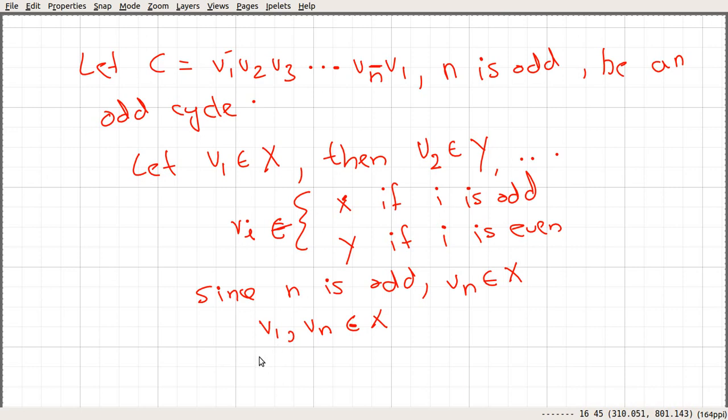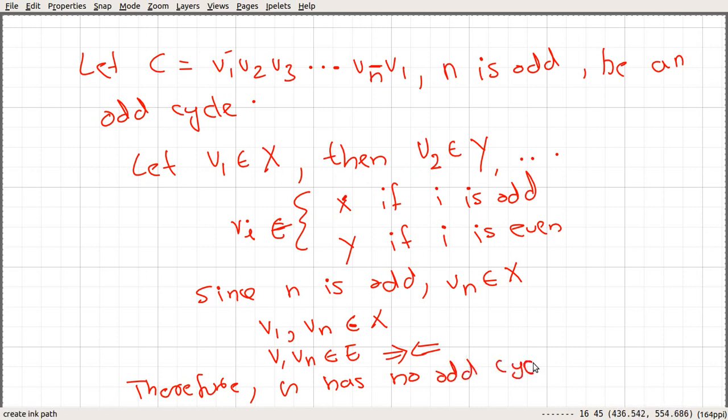So we have this condition: {V1, Vn} is an element of E, and V1 and Vn belong to X. Same partition, and that is our contradiction, and therefore we can see that G has no odd cycle.